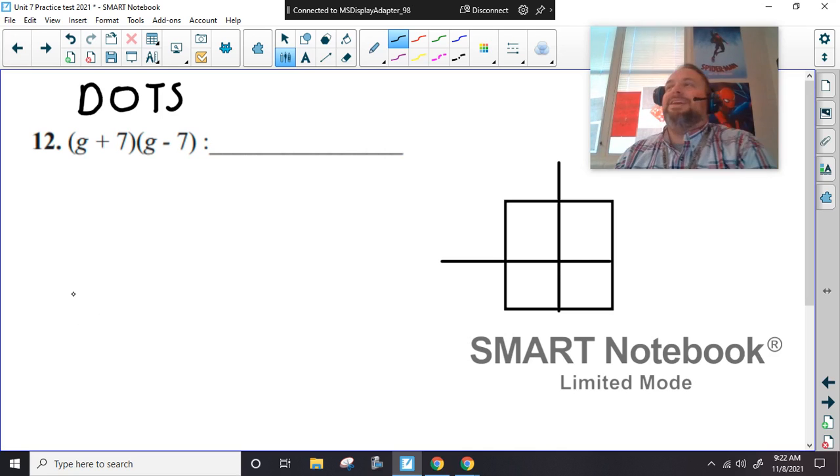Difference of two squares. This is the only problem on part three that you should only get two terms as an answer.